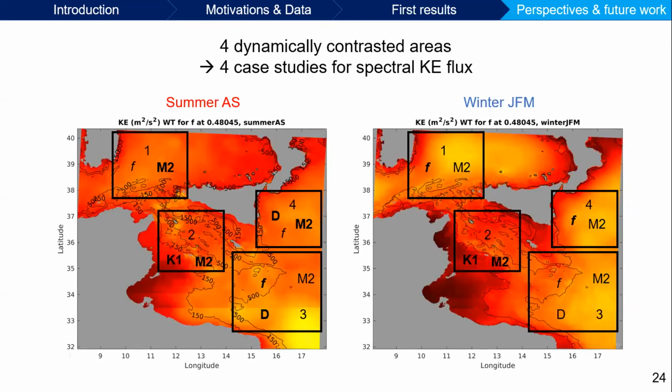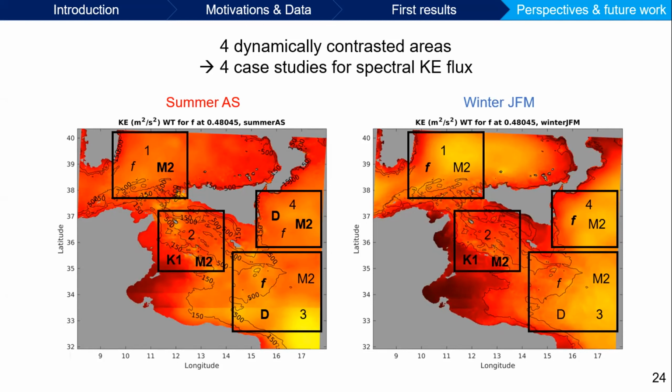So finally, from all those results, we identified 4 different areas that are dynamically contrasted in terms of wave dynamics. So you have the 4 regions with the frequencies you can find in them.